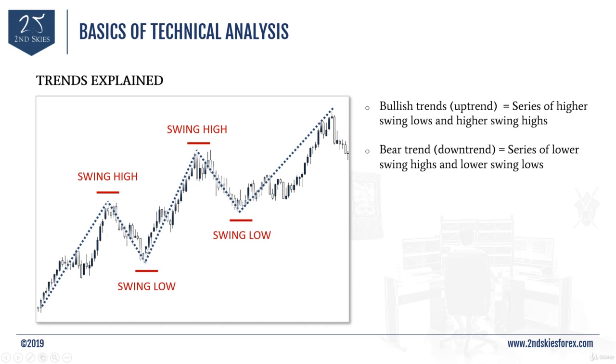And this is a very simple way to spot trends and to see if they are still alive or not. Because if this sequence is broken, it either means the instrument is starting to move sideways and pause, or the trend is reversing and a new trend is forming in the opposite direction.